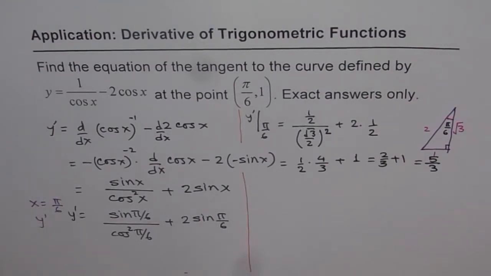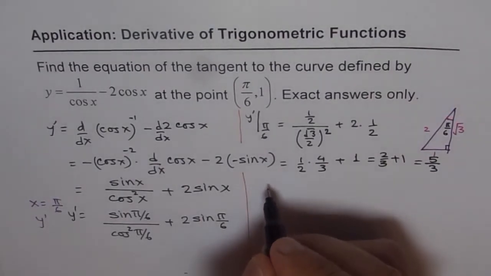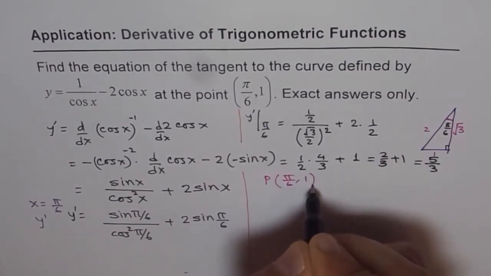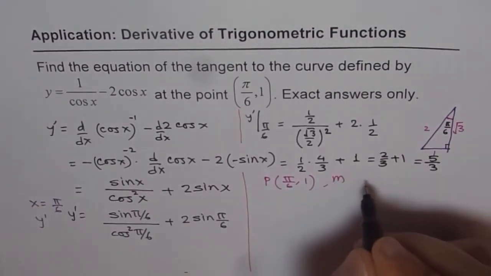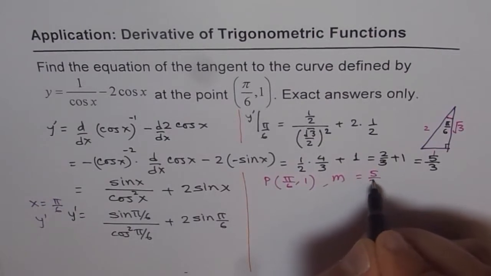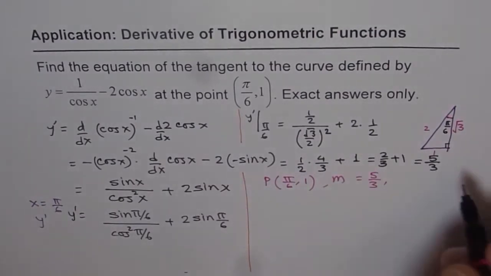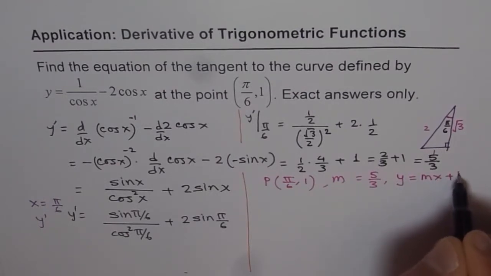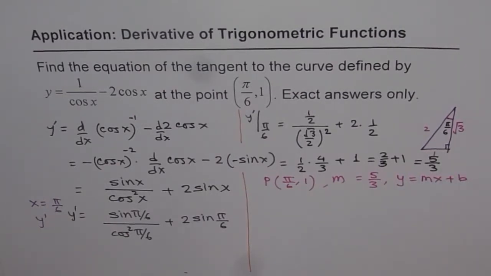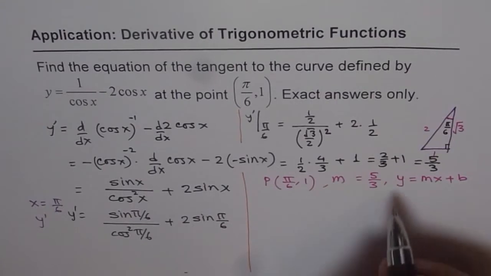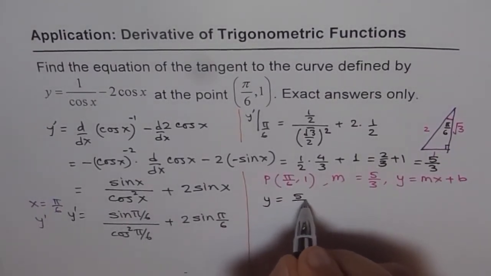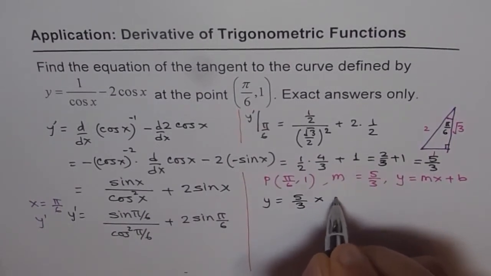So what we found is that we are given a point P, which is pi by 6 comma 1, and the slope is 5 over 3. We need to find the equation of a line, so we can use y equals mx plus b. We have y equals 5 over 3 x plus b.